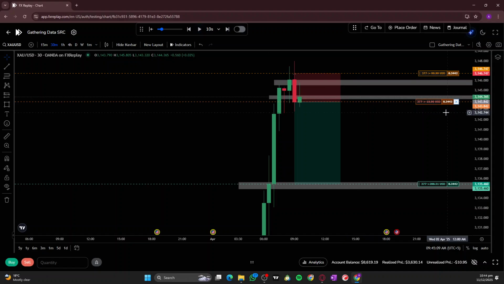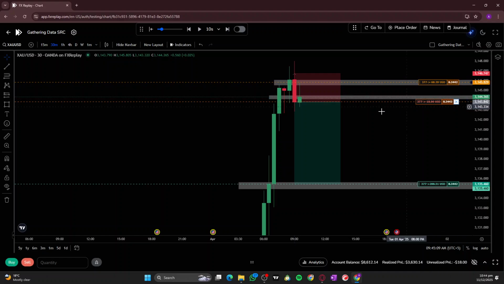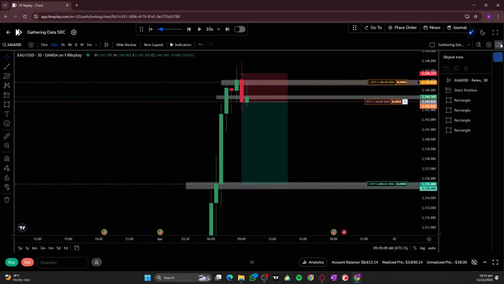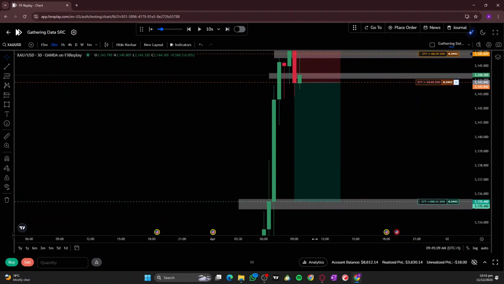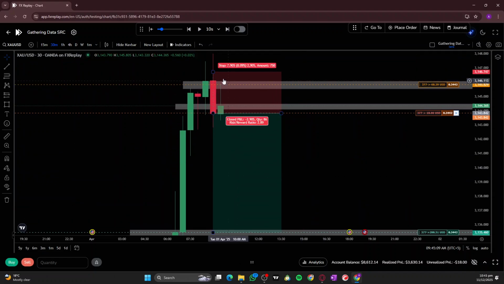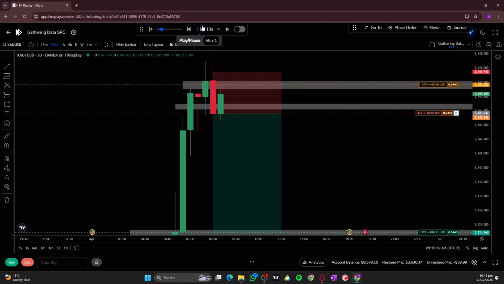Okay, so at this point this low has been established perfectly. So if price has to go down, it has to respect this high. Sorry, this high has been established perfectly, and if price has to go down, it has to respect this high in order to go down. So I'm just gonna trail the stop loss over here. Let's just wait.